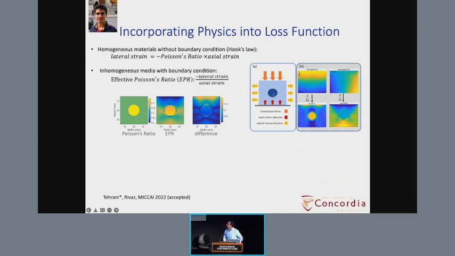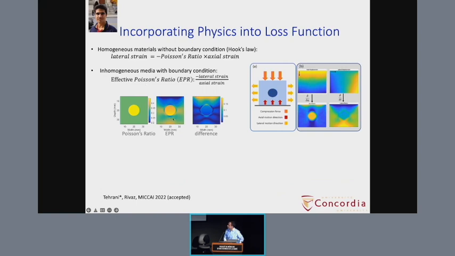We simulated this using Abaqus. This is our axial and lateral deformations, and these are the axial and lateral strains. Now, this was my ground truth Poisson's ratio. If I simply divide these two images by each other, as you can see in this definition for effective Poisson's ratio, I will get this image.